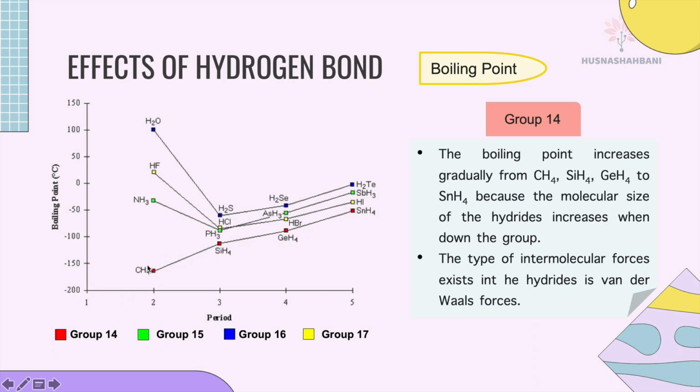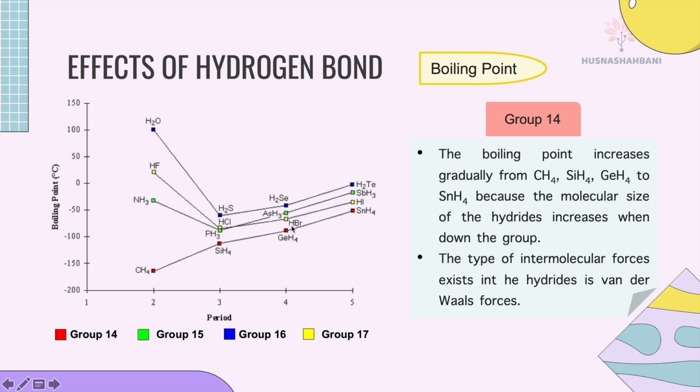So these are the molecules in group 14, C, Si, Ge, Sn. The boiling point increases gradually from CH4, SiH4, GeH4 to SnH4 because the molecular size of hydrides increases when going down the group. So this is all group 14.